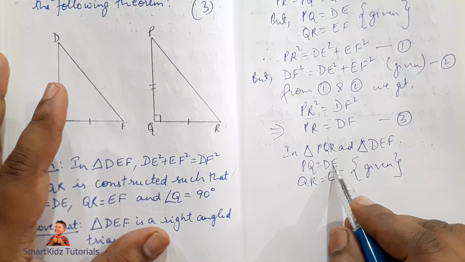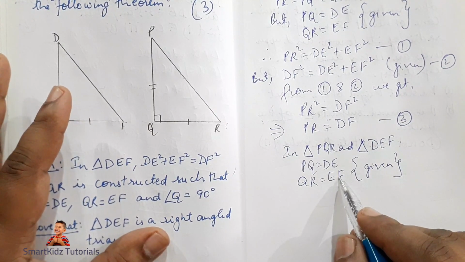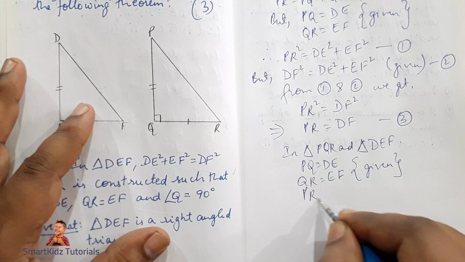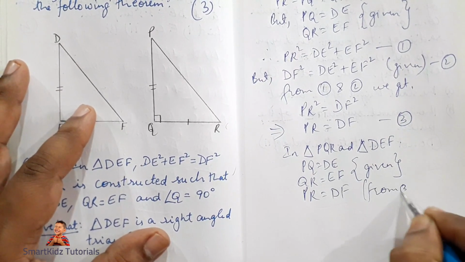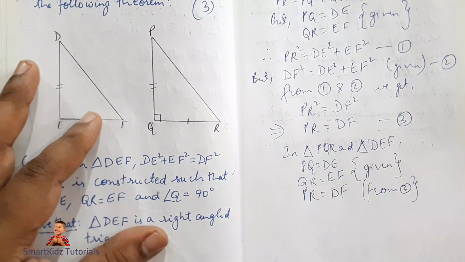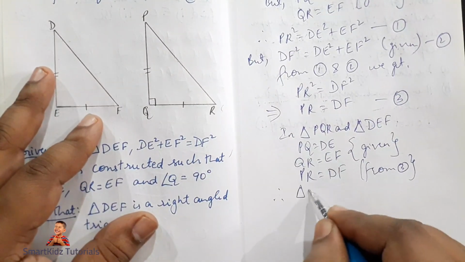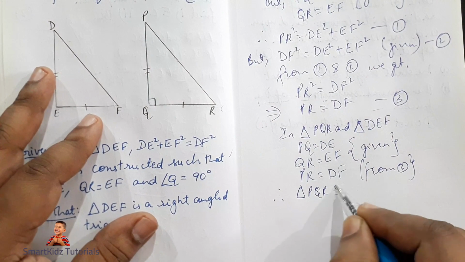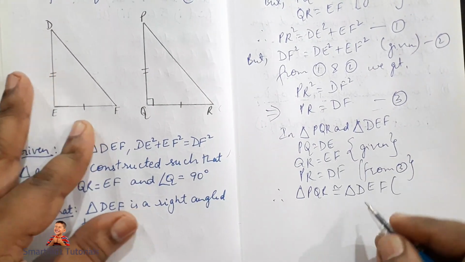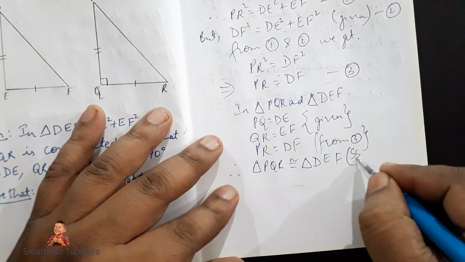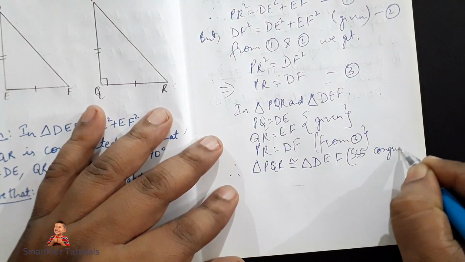PQ equal to DE and QR is equal to EF is given to us, and we know that PR is equal to DF from 3. We just proved it here. We can say therefore triangle PQR is congruent to triangle DEF by SSS congruence rule.